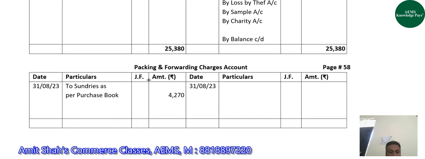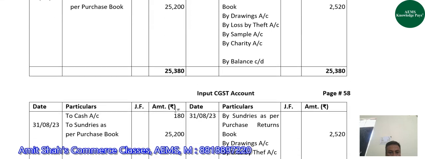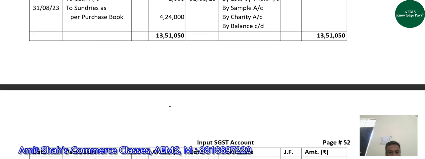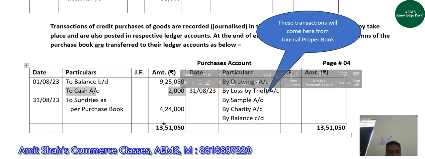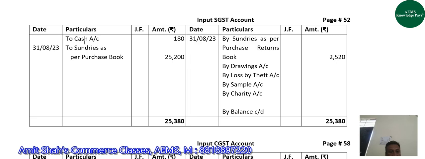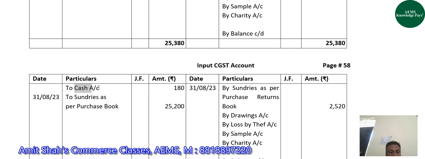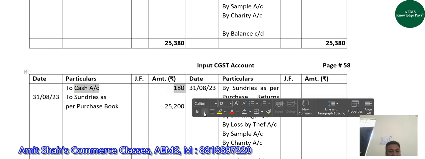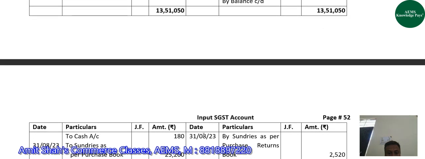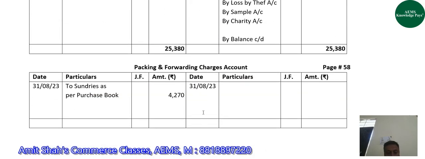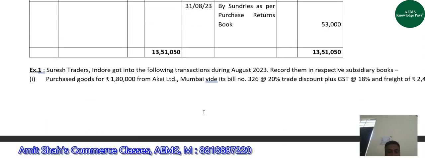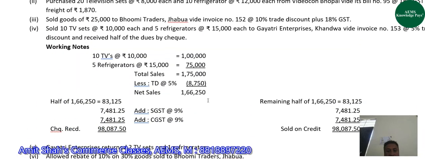Here we have already recorded, guys, to cash account, and to input SGST also we have debited 180, and to input CGST also we have debited 180. So guys, that transaction of sales to Gayatri Enterprises, where half of the money we received by check and half we have sold on credit, that has been fully journalized and posted in ledger.